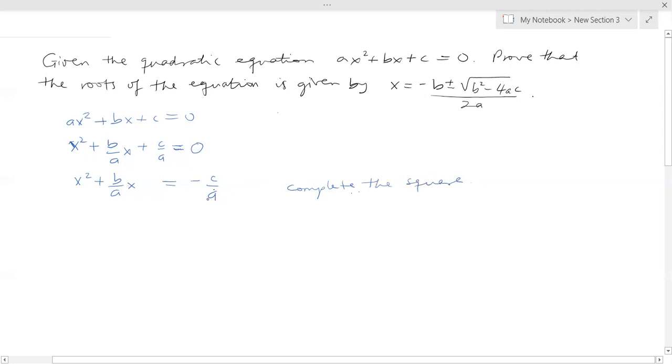You complete the square by taking half of the coefficient of x and squaring it.